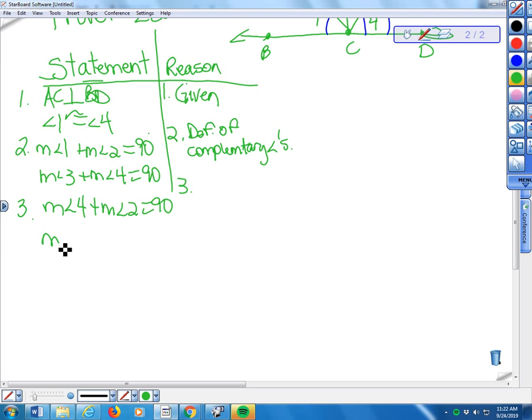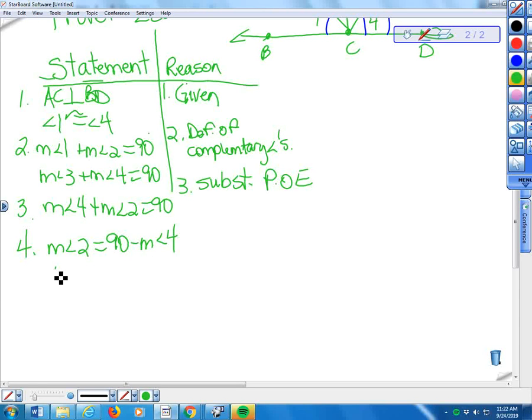So let me get the reason here. Angle 4 plus angle 2 is 90. This is substitution property of equality. Now I know angle 2 equals 90 minus the measure of angle 4.